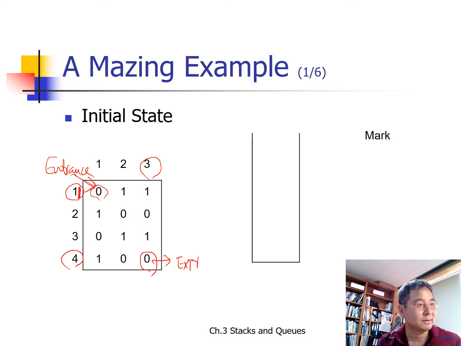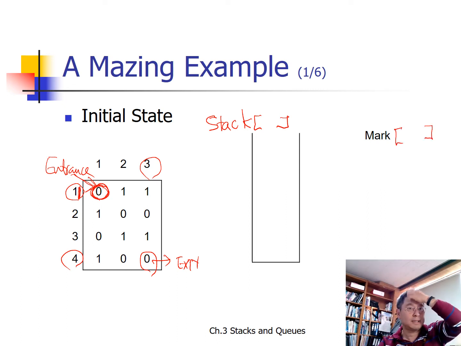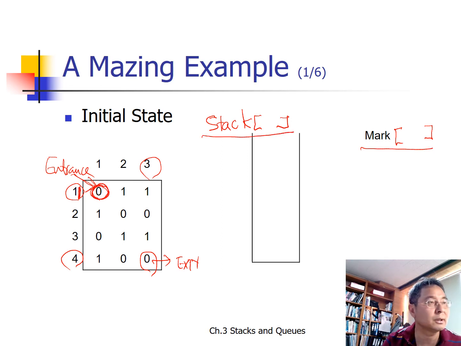Okay, and now this is the given problem, and we can start from this entrance. This is a starting point. So we must store this starting point in the stack. This is the stack array, and this is the mark array. So 2 arrays are used in mazing problems, and the stack array will use stack data structure operations.